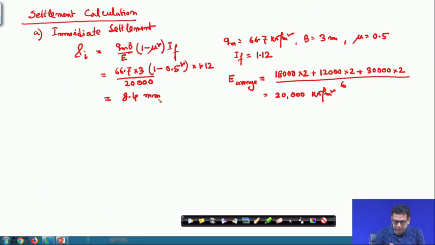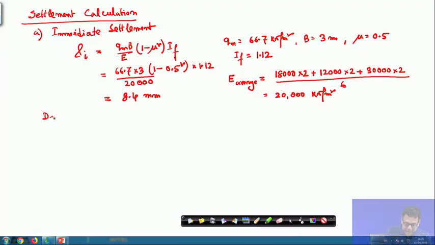millimeter. Okay. So, now in the immediate settlement, we have to apply two corrections: rigidity correction and depth correction. But here we will not use the rigidity correction because it is not a rigid footing, it is a flexible footing. So, we will apply only the depth correction.